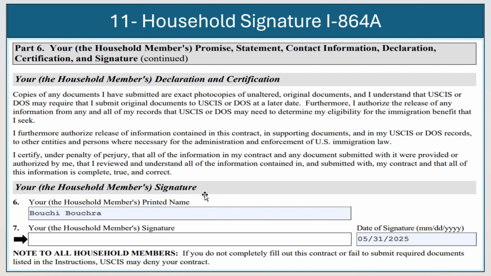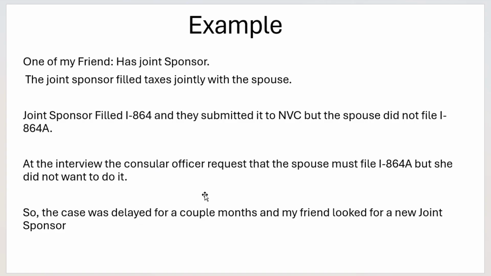Let's talk about an example that happened to one of my friends. He did not have enough income, and he found a joint sponsor. The joint sponsor filed taxes jointly with the spouse, and he told my friend, "Okay, I will support your spouse.